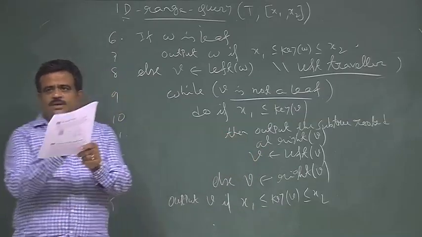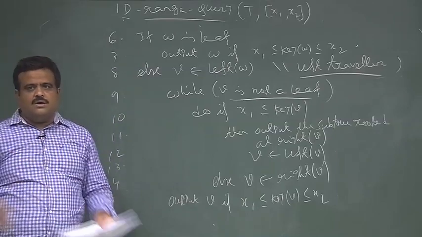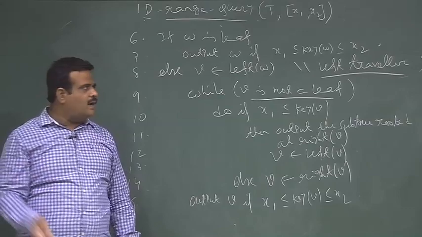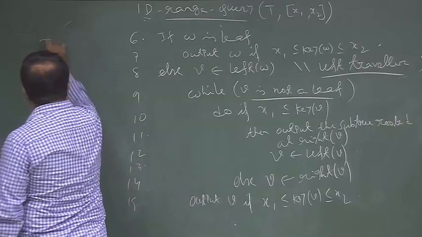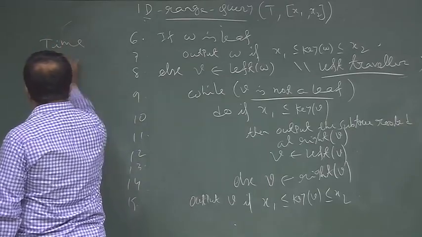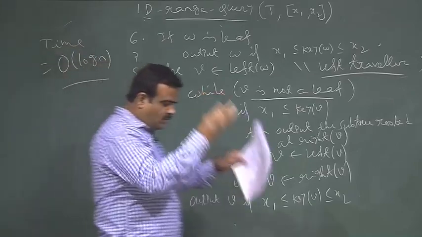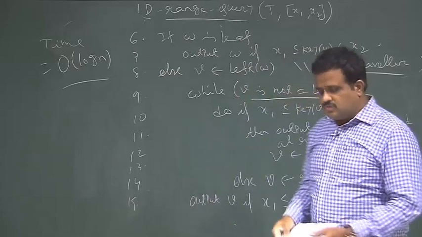In any case, we just start from the root and go to the leaf. So, it is basically taking log n time, for this traversal to go from the root to the leaf.